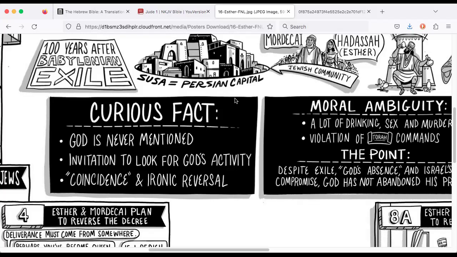Or the Essenes who lived at Qumran were super conservative in a way, I would say. But the fact that God is never mentioned directly kind of invites you into the story to look for God's activity within it. You find a lot of quote unquote coincidences and ironic reversals, and you can definitely see God's hand in there.